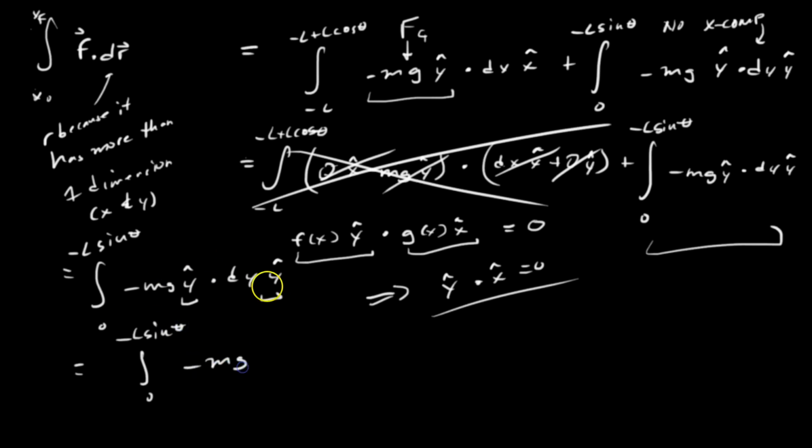Negative mg and then dy. So that's all we're left with. And once again, the lower bound is a higher number than the upper bound. And remember, we use this little trick where we need to switch the bounds. So it's going to be the integral from negative L sine of theta to 0. But if we switch it, we have to tack on this negative, right?